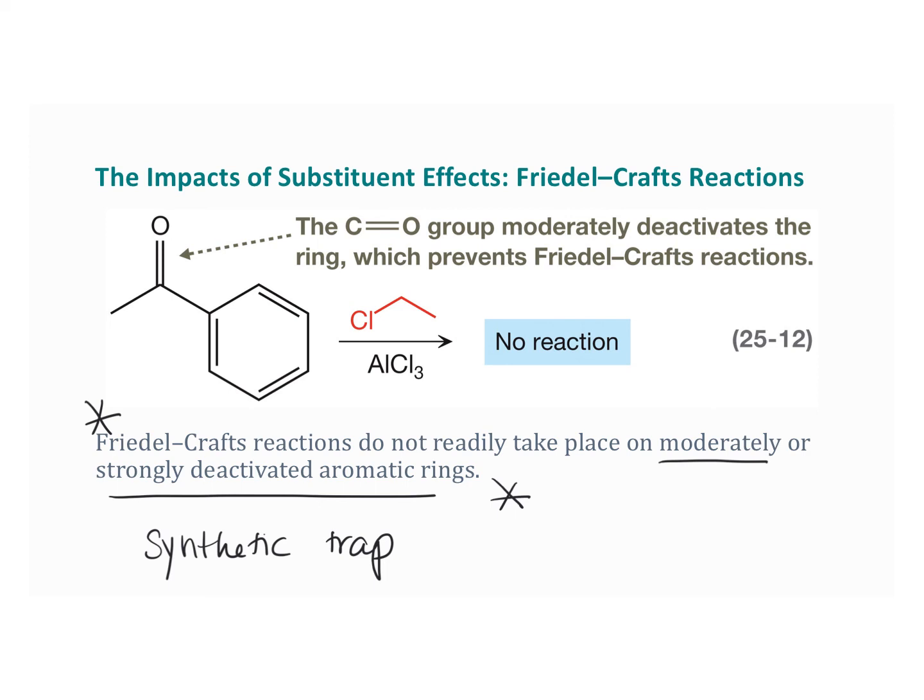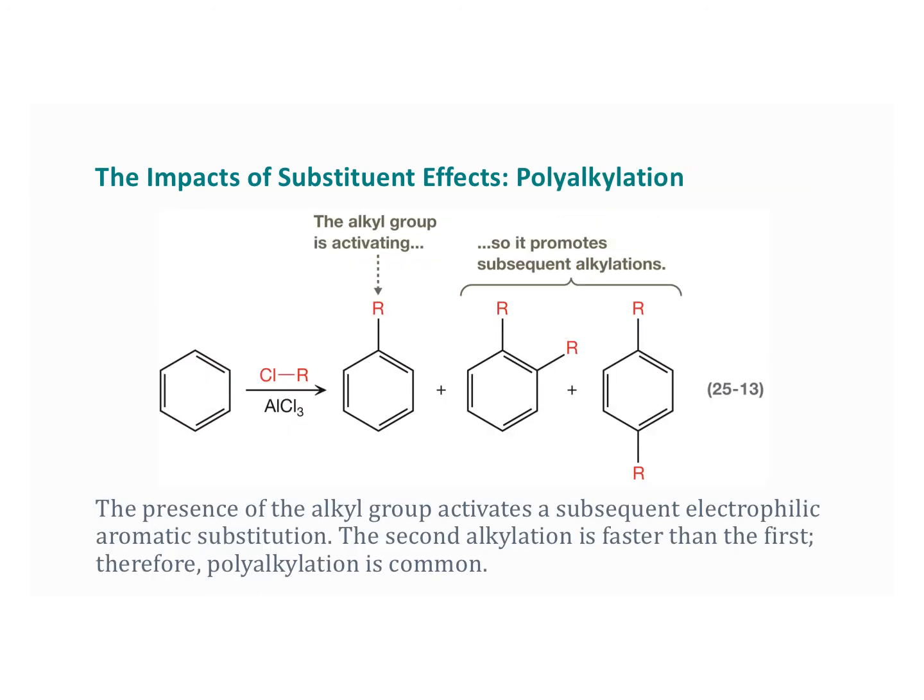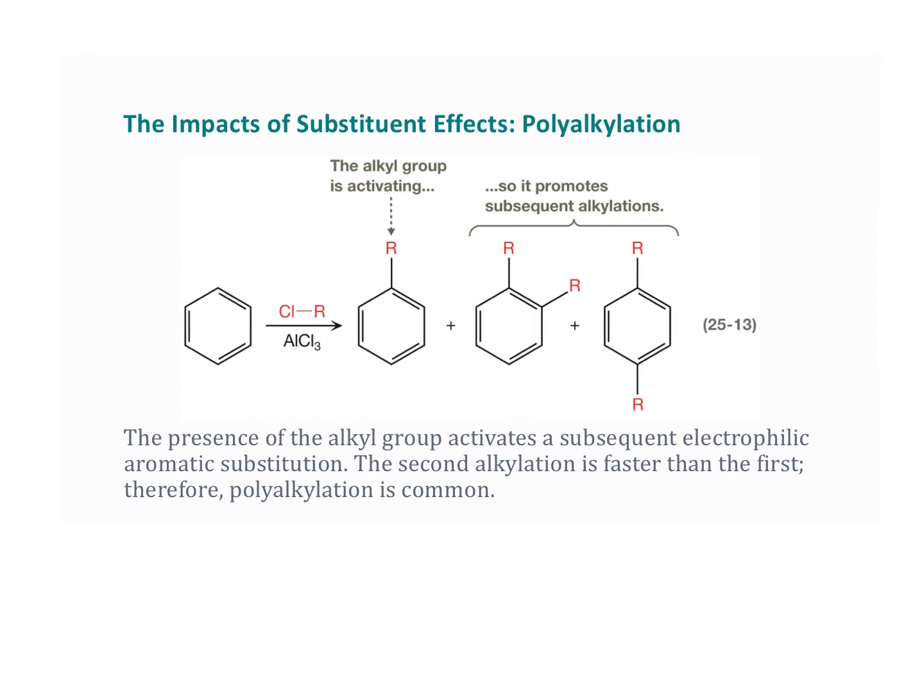Now, when a Friedel-Crafts alkylation is carried out on benzene itself, we run into a different problem, the enhanced reactivity of the product. Each alkyl group is going to activate the aromatic ring towards electrophilic aromatic substitution.